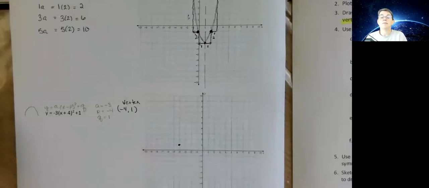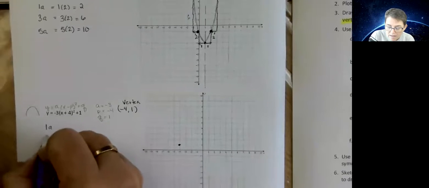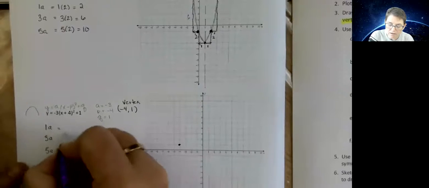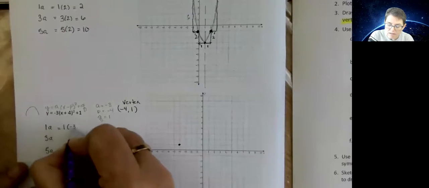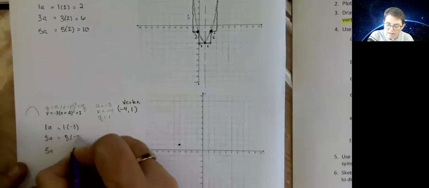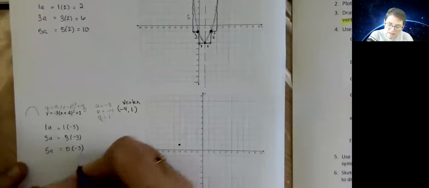Now we need our magic staircase numbers. So 1a, 3a, 5a. 1 times minus 3, 3 times minus 3, 5 times minus 3. Make sure you take the negative with you.